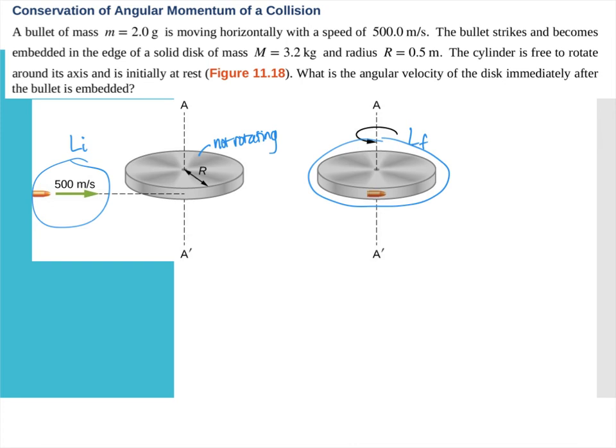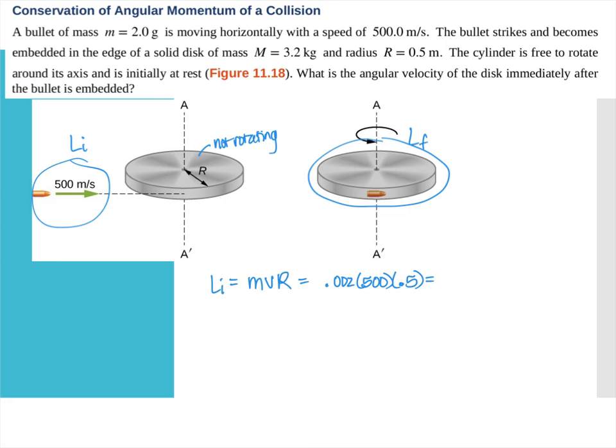So the initial angular momentum is going to be given by the mass times the velocity times the radius. And so that's going to be 0.002 times 500, and then the radius of the disk is 0.5 meters.